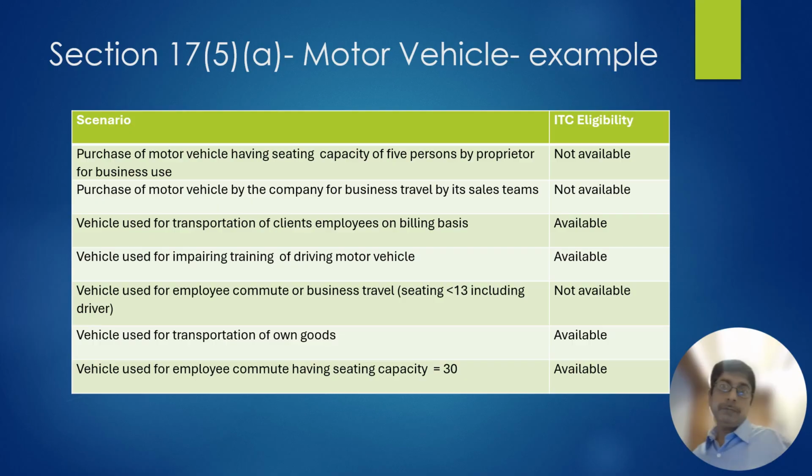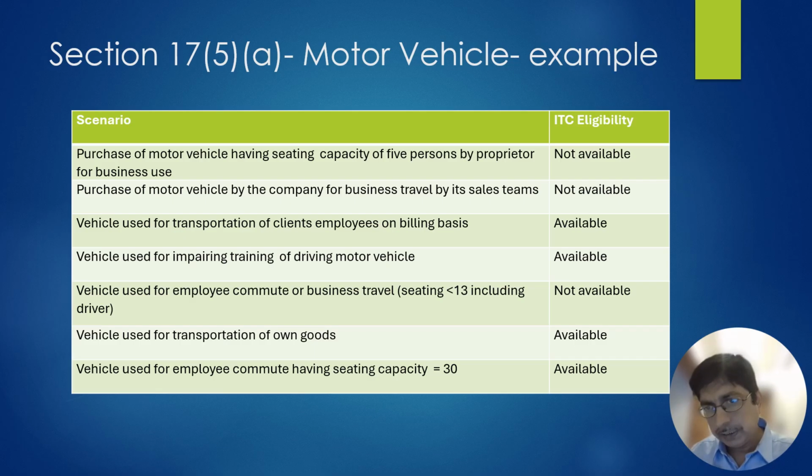Let's see some examples to understand this very correctly. Purchase of a motor vehicle having a seating capacity of 5 persons by a proprietor to be used for business purpose. The GST credit is not available because this motor vehicle is not purchased for further taxable supply of transportation of passengers.